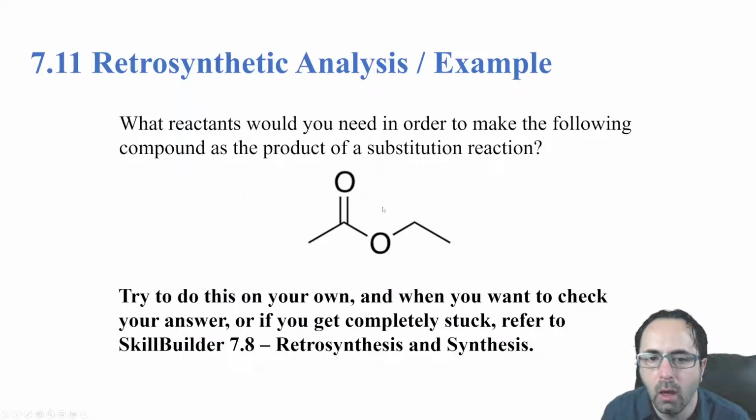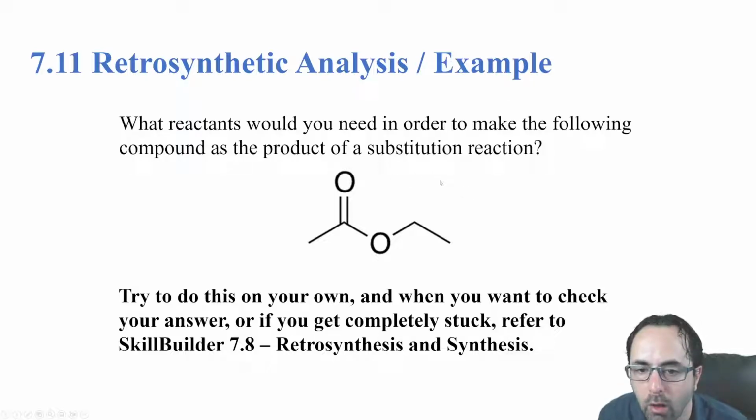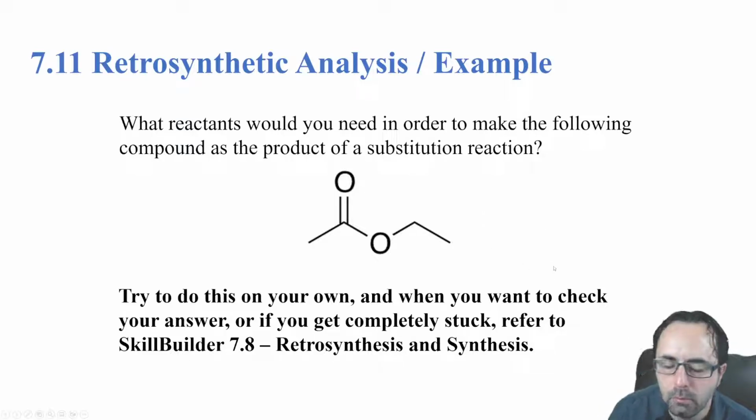So here, what would you need in order to make the following compound as a product of a substitution reaction, right? Let's think about it. Let's do a retrosynthetic analysis.